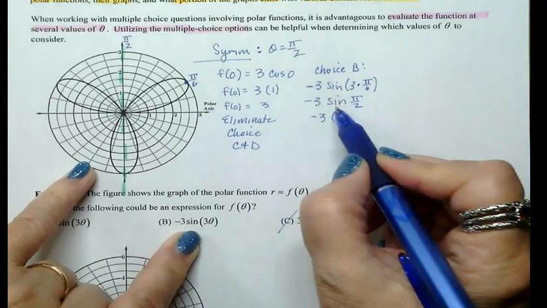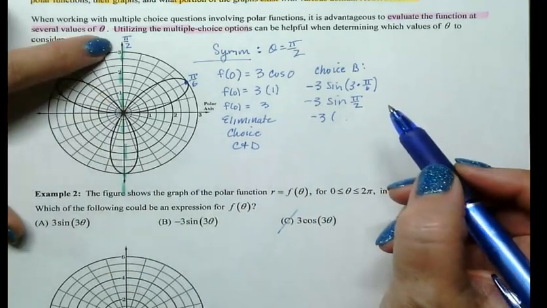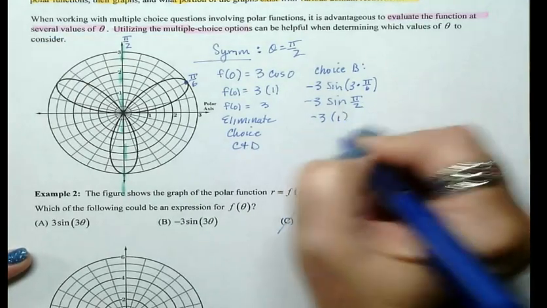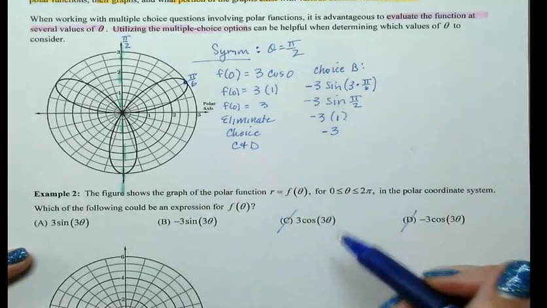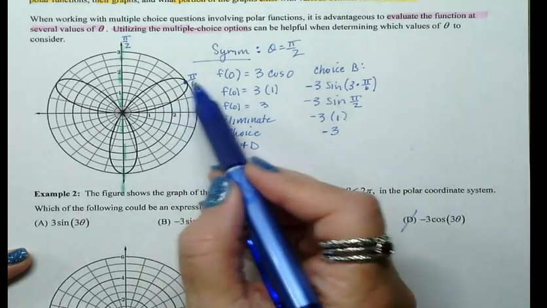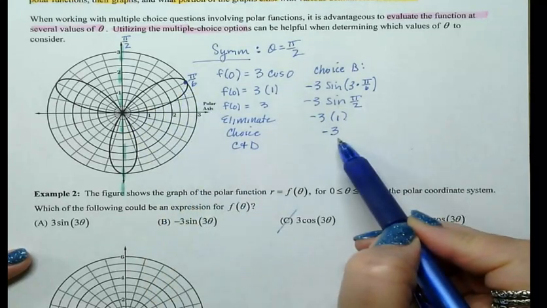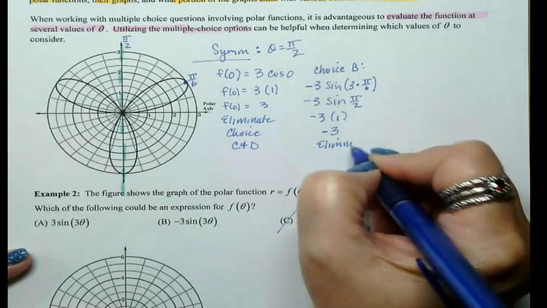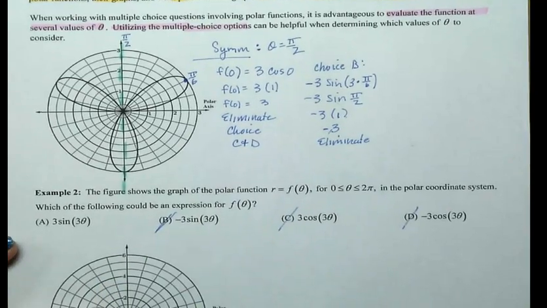All right, so then I'm going to say sine at pi over 2. So cosine would be 0, sine would be 1, so I'm going to have -3 times 1, which is going to give me -3. So if I'm plotting the point, which would be pi over 6, the radius should be +3, not -3. So I can eliminate choice B now using what I know about those values.